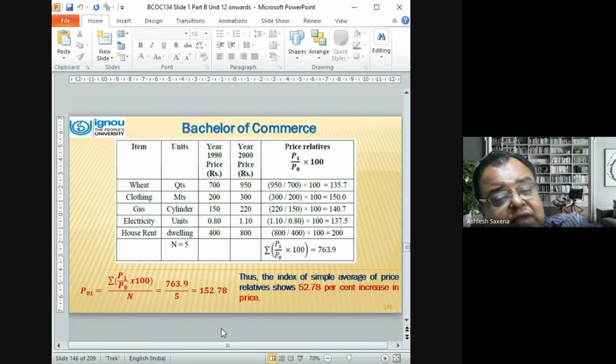In that case, we get 763.9 and your n is 5. That means 763.9 will be divided by 5. It comes out to be 152.78. That means the index of simple average of price relatives shows a 52.78% increase in the price.